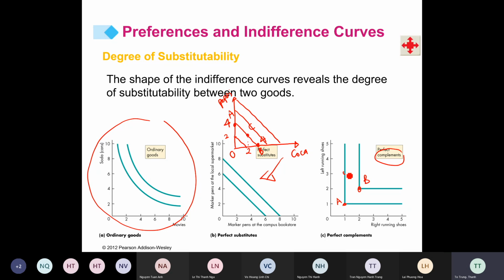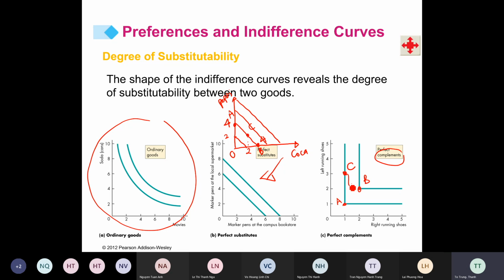So let's say point C. Point C means I have only one right shoe and three left shoes. And the answer is yes, because I have the same level of satisfaction as point A, since I only have one pair of shoes, right?